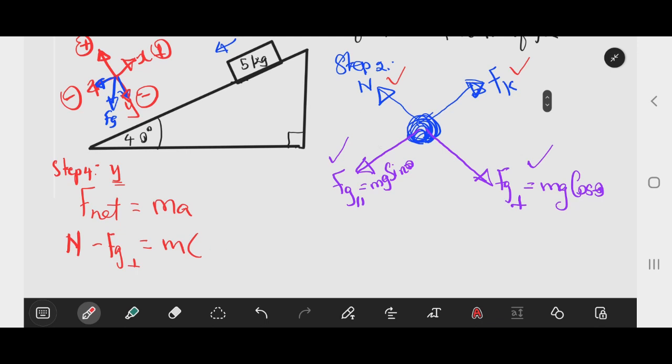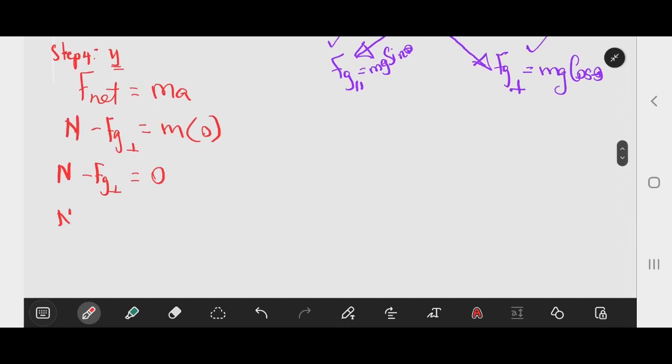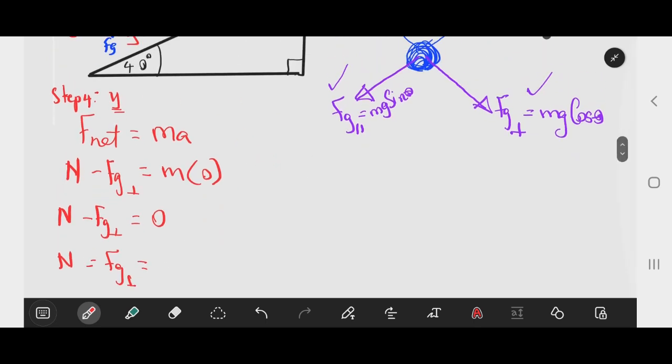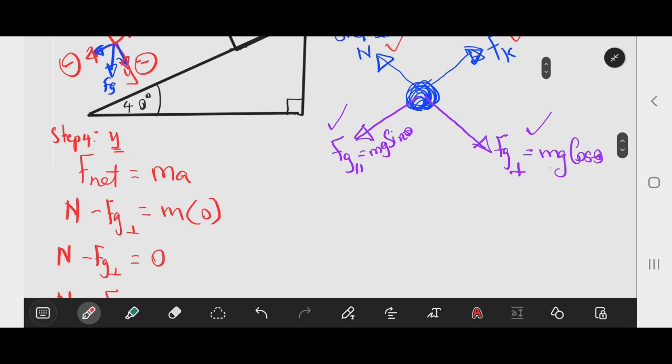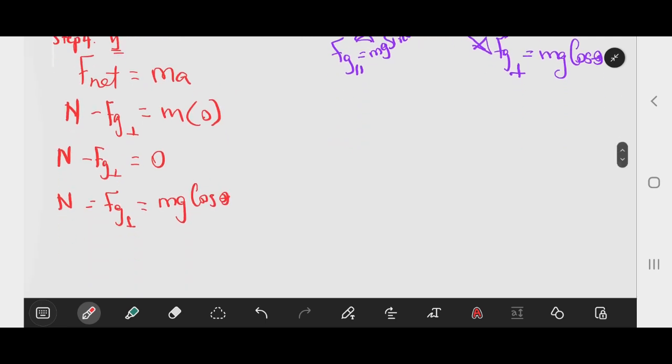But the acceleration is equal to 0 in the y direction since the object is not moving in the y direction. So we have normal force minus Fg perpendicular equal to 0. So the normal force is equal to Fg perpendicular. And Fg perpendicular, from step number 3 where we were resolving, we said is mg cos theta.